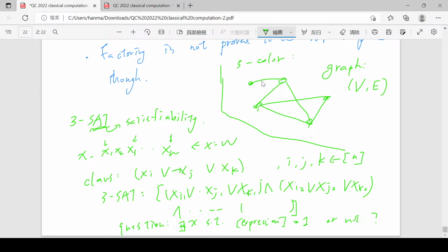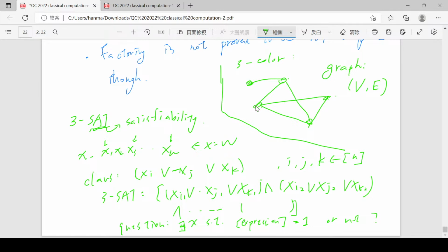So here we have a graph that has 5 vertices, so 1, 2, 3, 4, 5, and how many edges? 1, 2, 3, 4, 5, 6 edges. Okay. So a graph is just a set of vertices, and each edge will connect two vertices. Okay. So that's what computer scientists think about graphs.